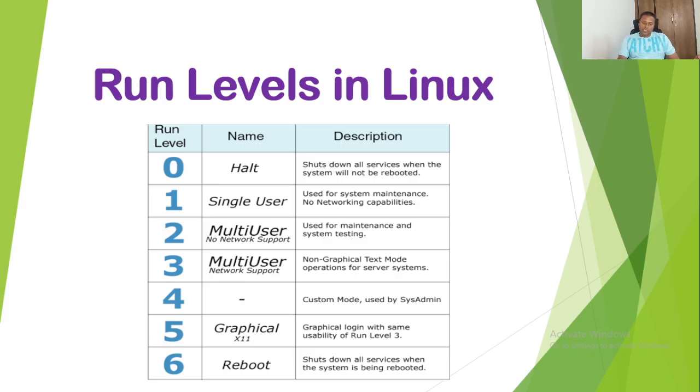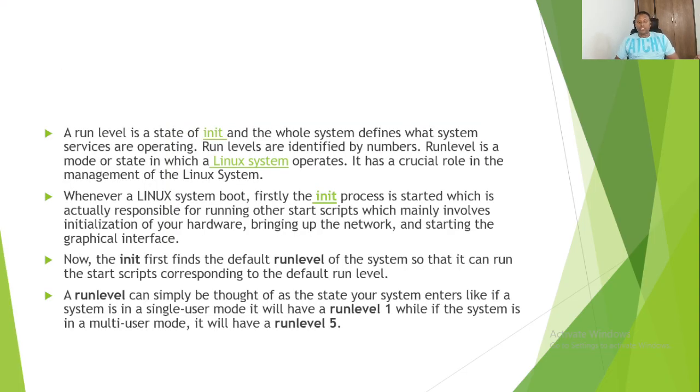Let me go to the next slide and I'll explain what exactly a run level is. Here I have just taken this from the internet. A run level is a state of init, and the whole system defines what system services are operating. Run levels are identified by numbers.